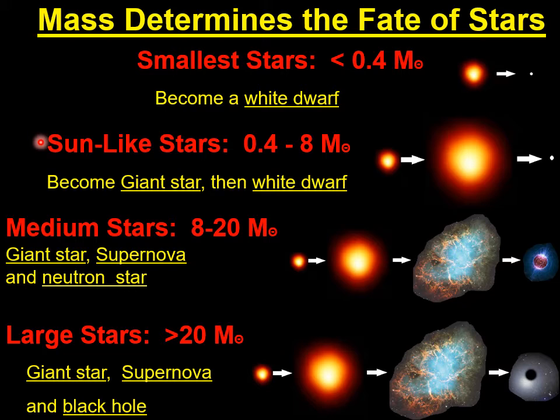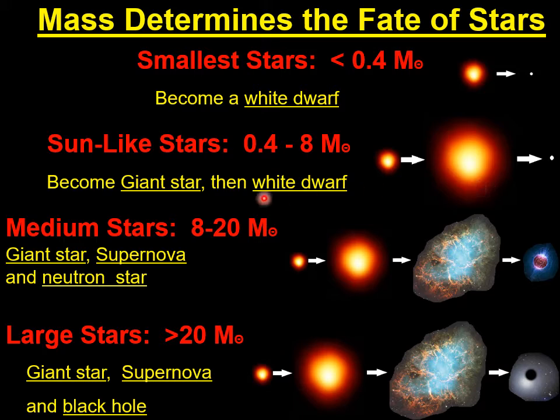For stars like our sun, typically about 40% up to maybe 8 times the mass of our sun, what happens when these stars start to run out of fuel is they swell up first, and they become a giant star. And remember, we talked about these in the HR diagram. There's a whole population of giant stars above the main sequence on the HR diagram.